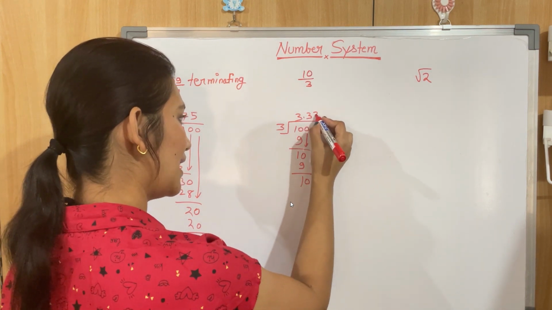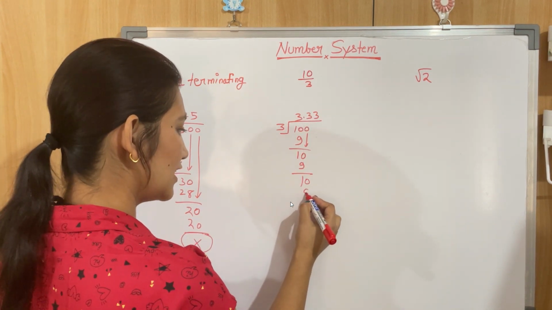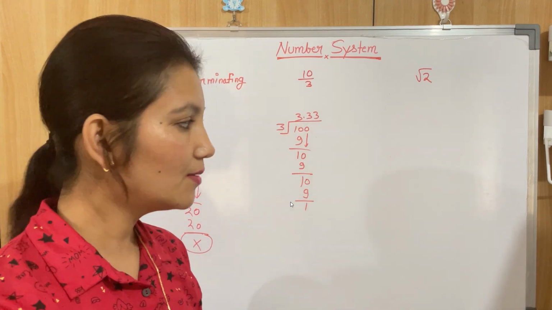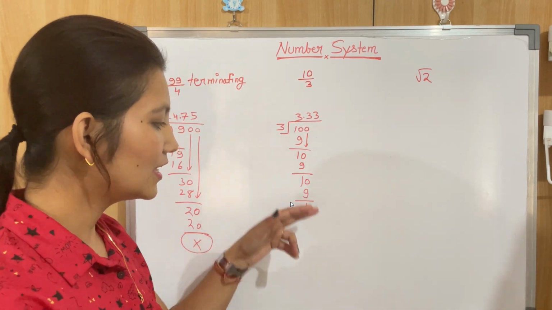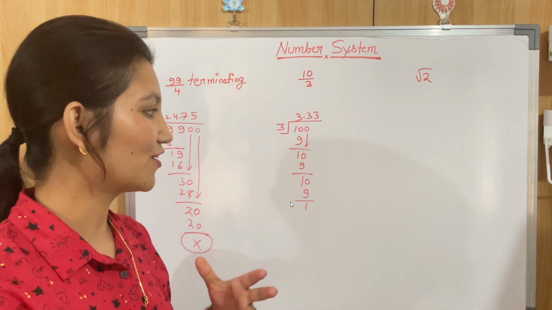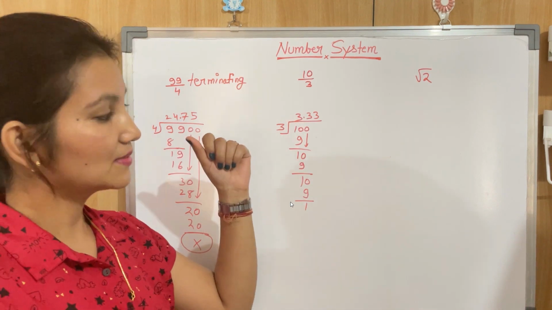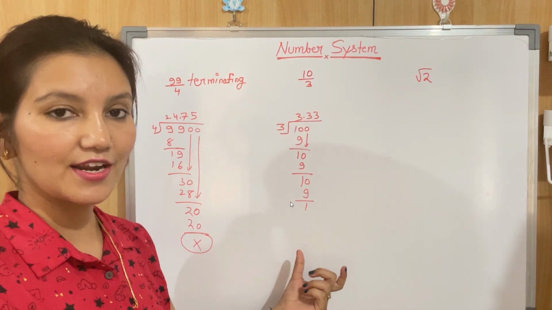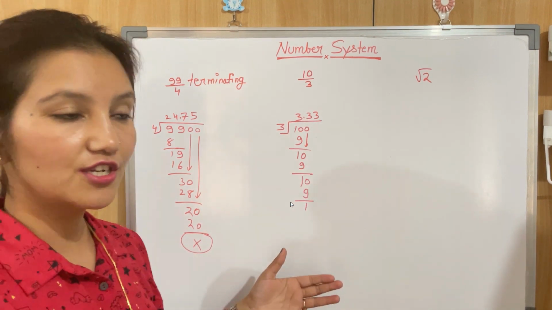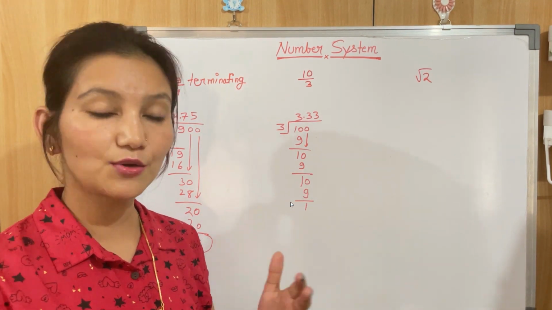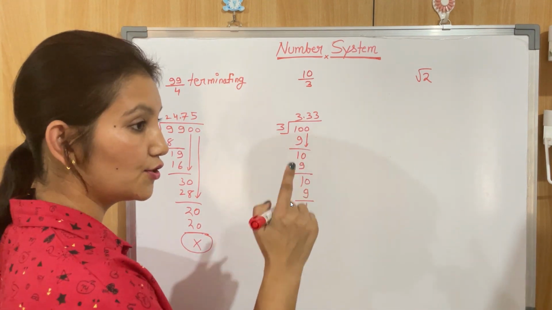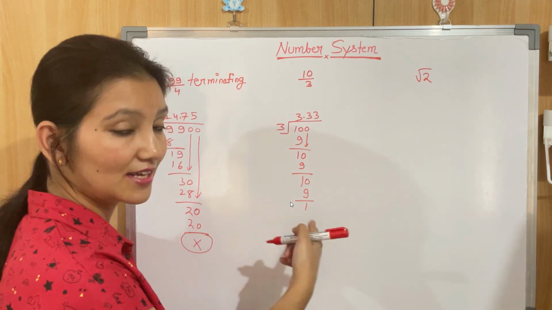We will add 3 here, then 3 times 3 is 9, then 1, and this process will keep going and going and going on. Such cases, where the remainder is not getting reduced to 0 and the division keeps going on, are known as non-terminating, because it's not getting terminated.